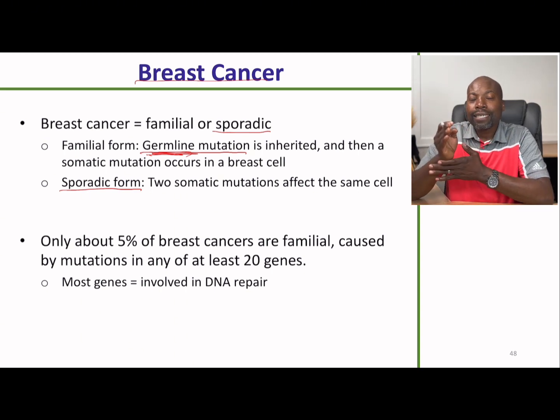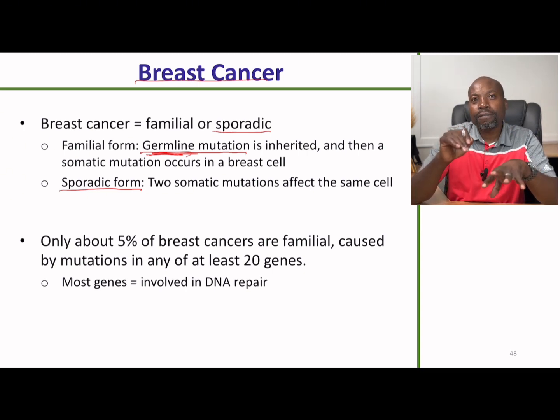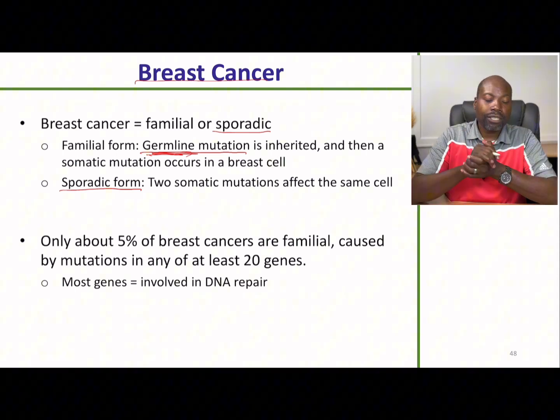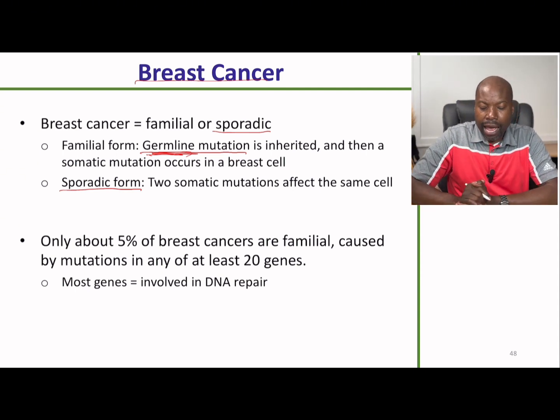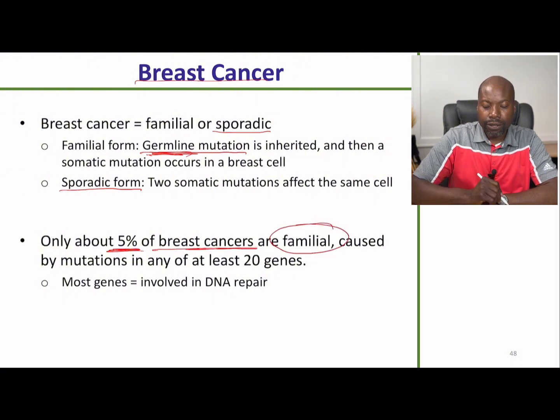But that allele can be mutated at some point, right? So you have a driver mutation, and then another mutation that can happen, right? One single mutation that actually can trigger cancer at that point. Okay? Only about 5% of breast cancers account for familial breast cancer.